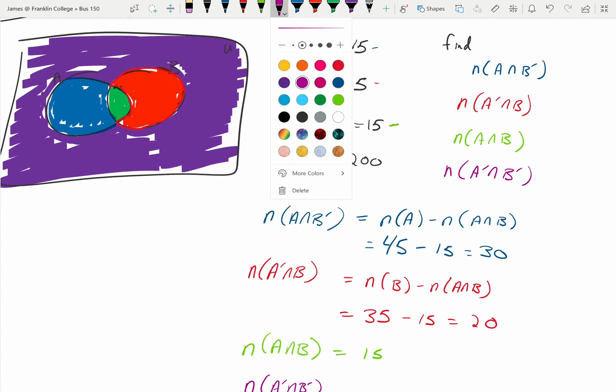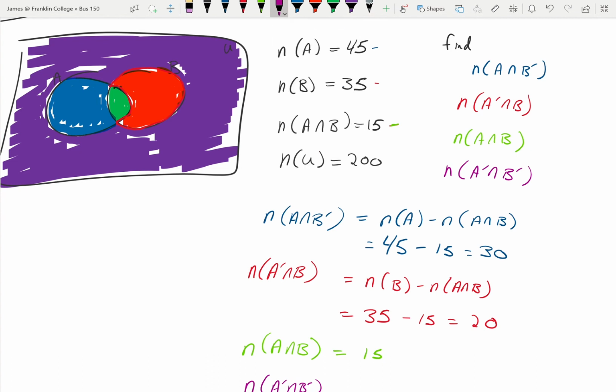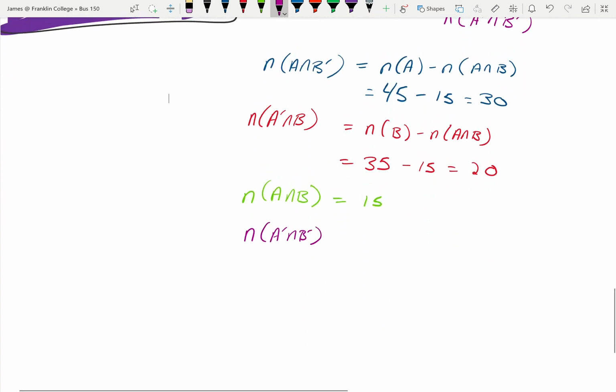Well, let's think about this a little bit mathematically. We know that the number of elements in the universal set minus the number of elements that's in A union B. So remember, A union B is all this region right here, both circles.